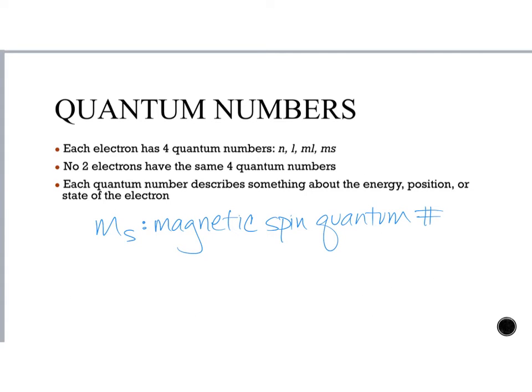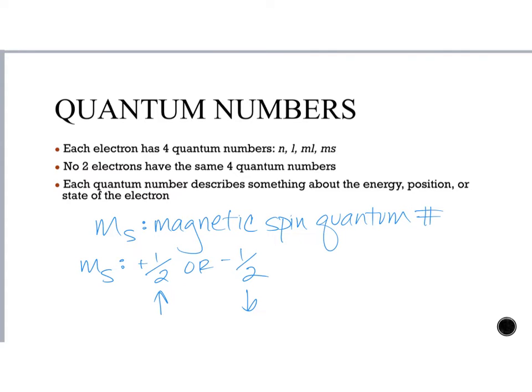Let's focus on what m sub s is and what values m sub s can assume. So m sub s can be 2 different values. It can be plus 1/2 or minus 1/2. That just means that the electron is either spinning up, plus 1/2, or down, minus 1/2. Plus and minus 1/2 is really a convention.